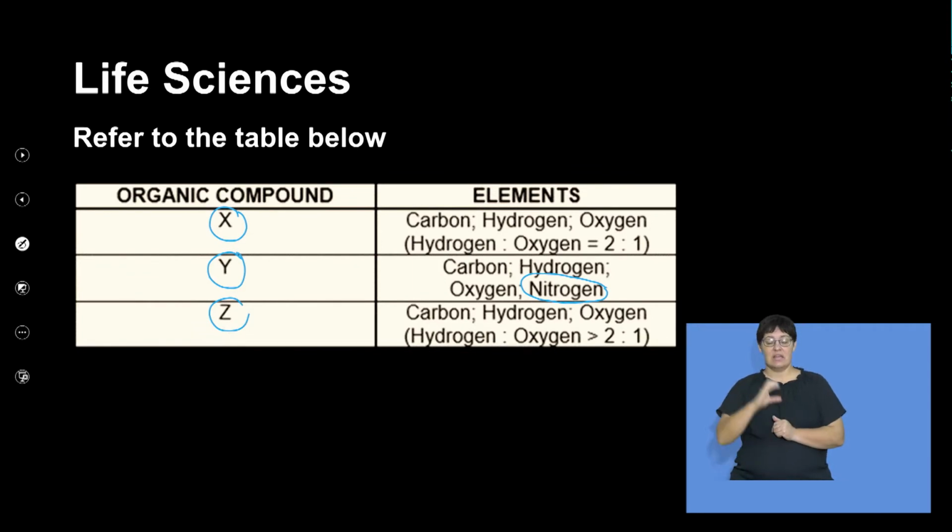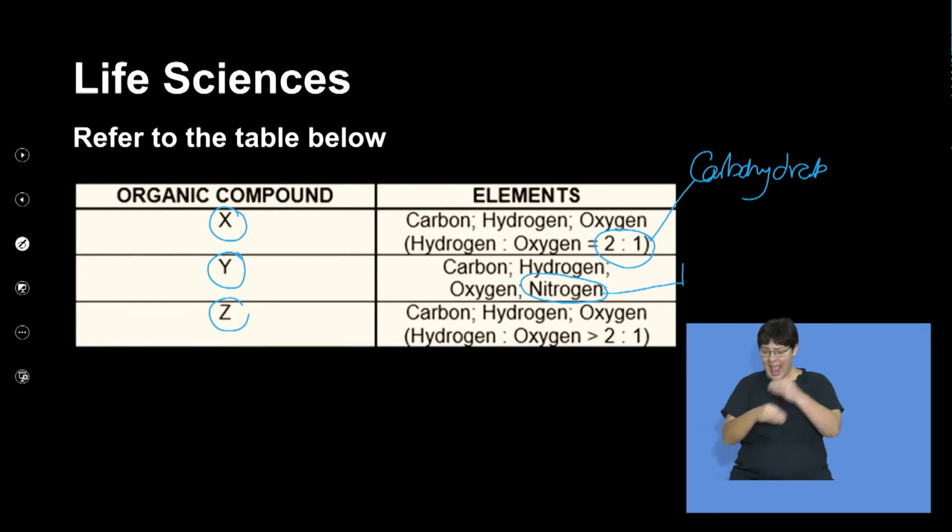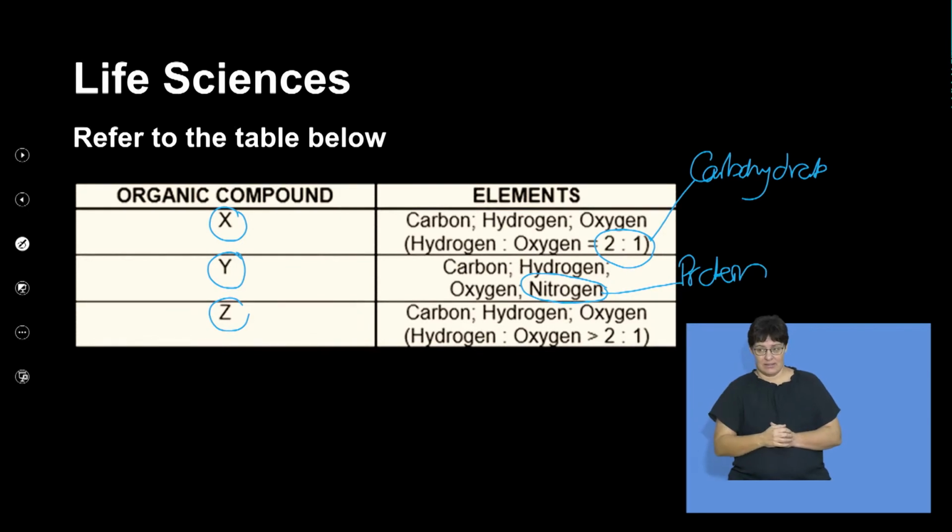Carbon, hydrogen, oxygen with a ratio of 2:1. What is that? That is a carbohydrate. Okay, that is a carbohydrate. Nitrogen, I know, is a protein. So just by a process of elimination, I'm going to say to myself, this is going to be a fat, a lipid or an oil.